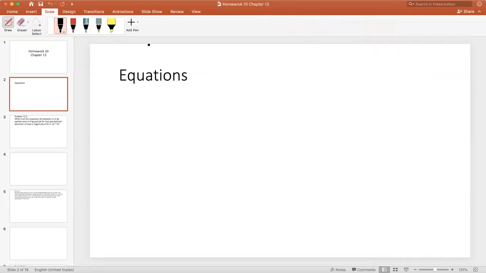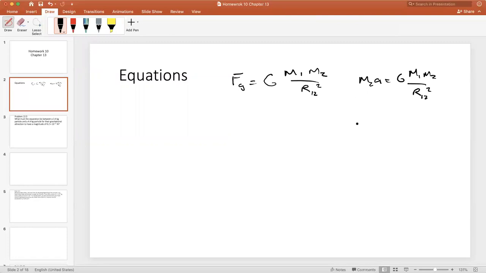These are the equations we learned from chapter 13. The force of gravity between any two masses is G times M1 times M2 over the distance between R1 and R2. If we note that for M2, G M1 M2 over R12 squared, this gives that the acceleration of gravity is G M1 over R12 squared.